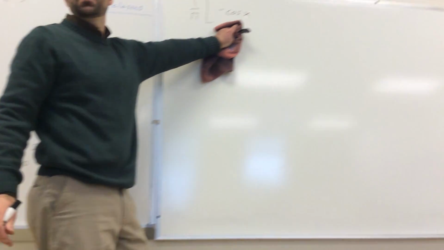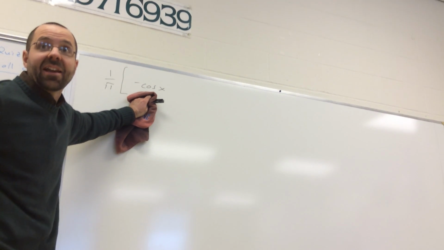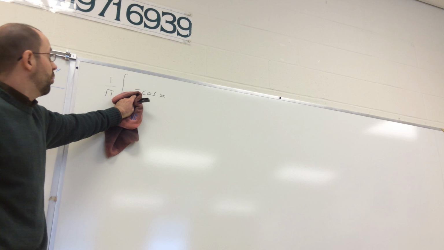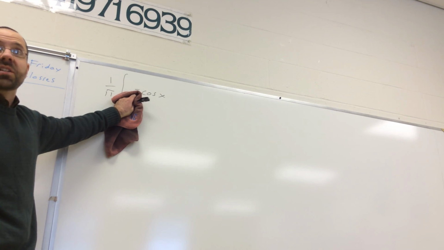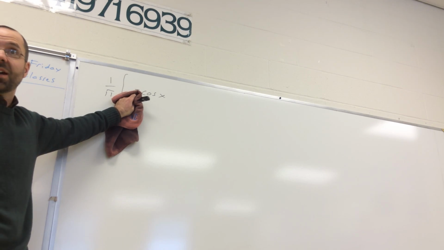We can check by taking the derivative: the negative 1 is just hanging out, the derivative of cosine is negative sine, and negative 1 times negative sine is positive sine.